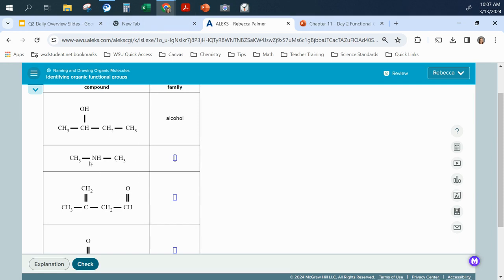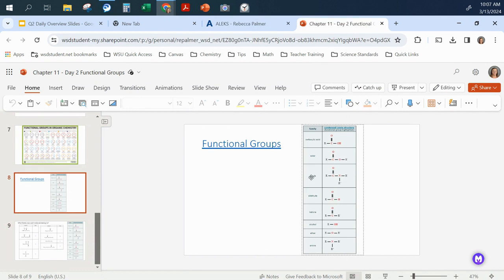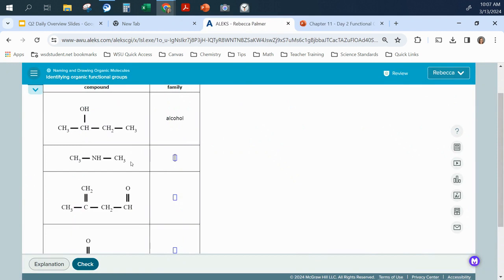So we've got nitrogen, and we have 2 functional groups that have nitrogen: an amide and an amine. The amide has to have a carbon double bonded to oxygen right next to the nitrogen. The amine doesn't. Our example just has nitrogen connected to carbons or hydrogen. So this one's an amine.